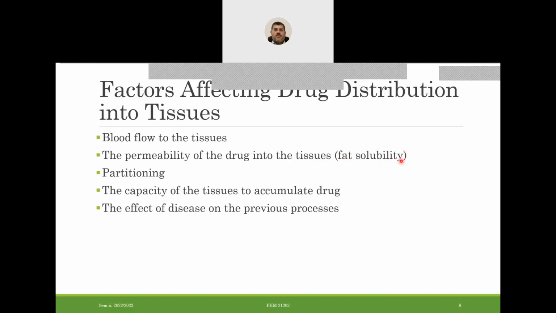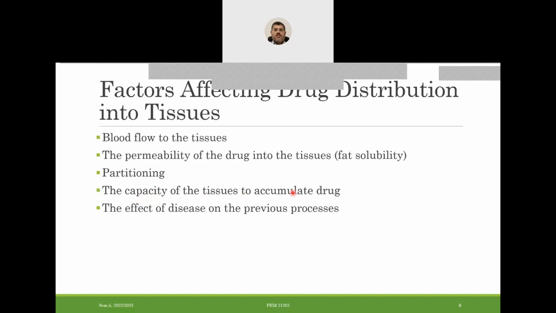You know that drugs with high lipid solubility will distribute more to the peripheral tissues, while drugs with aqueous solubility distribute slower. Partitioning also depends on the partition coefficient. So there will be partitioning of the drug between the tissues and blood. Drugs with high partition coefficient usually will have rapid or more distribution into the tissues.